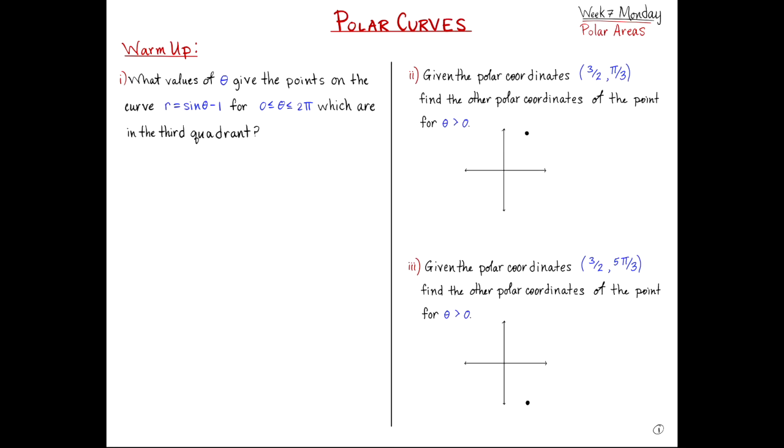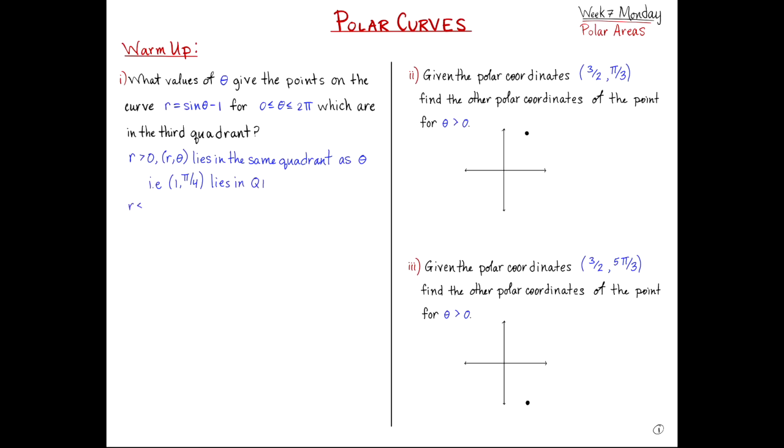For our first warm-up exercise, we want to know what points on the curve r = sine theta minus 1 lie in the third quadrant. We know that when r is greater than 0, the point (r, theta) lies in the same quadrant as theta. In other words, if we had the point (1, pi over 4), it would lie in the first quadrant.